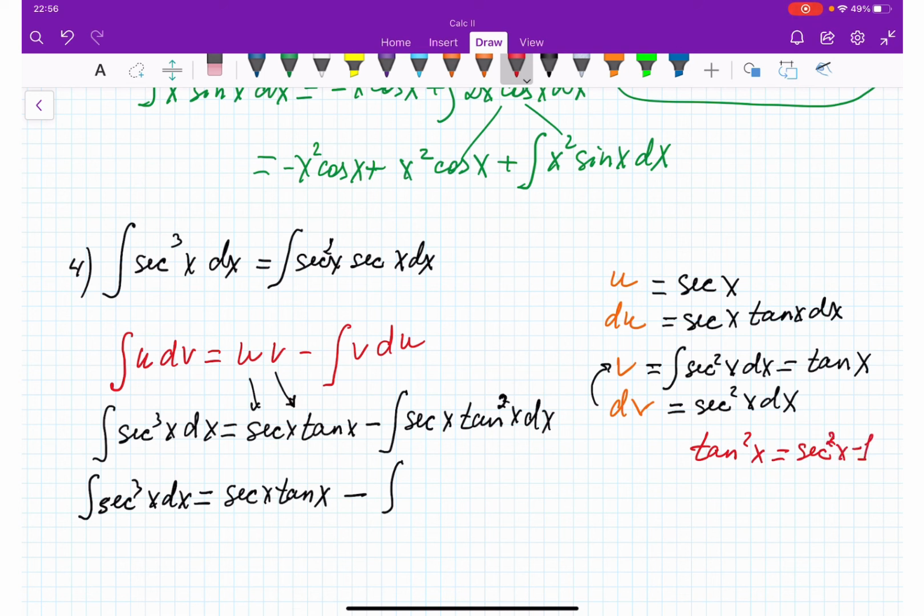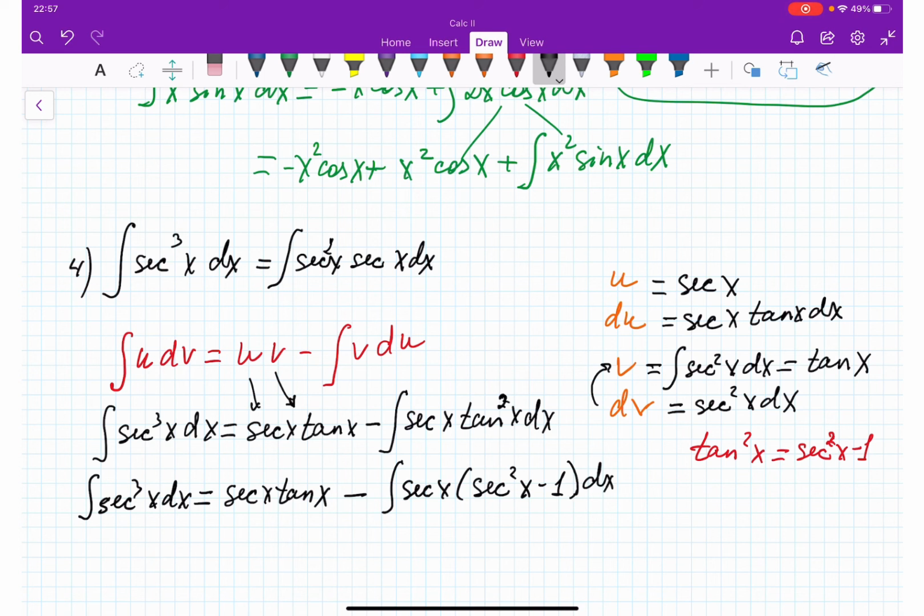So we are using a trigonometric identity here, and this is going to be equal to integral secant x times secant square x minus 1 dx.